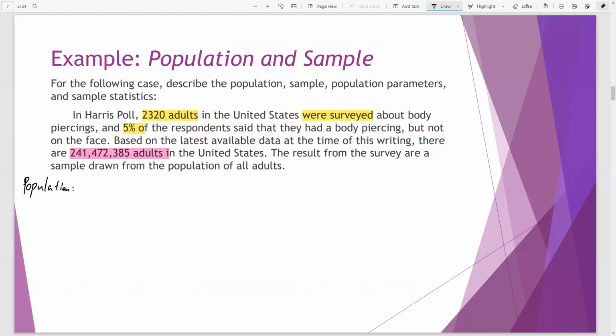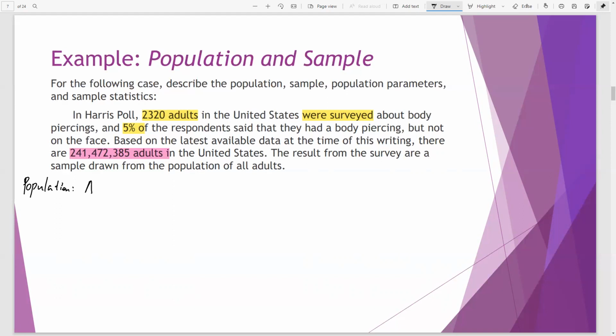So they give us a proportion of those who said they have body piercing but not on the face, right? So what they want is the proportion of United States adults who have body piercing but not on the face, right?